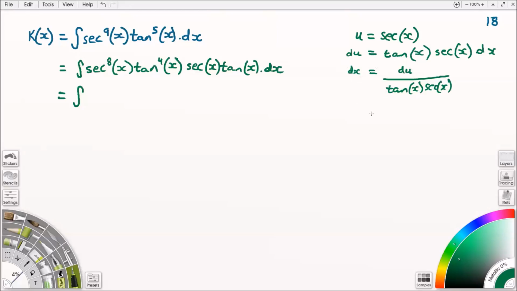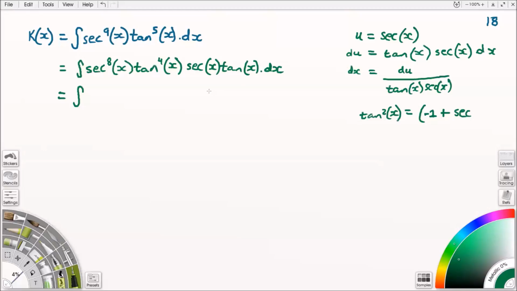Now we can use this cool trigonometric identity I learned today while doing this, and that is tan squared x is equal to negative 1 then it was plus, I think it was secant.